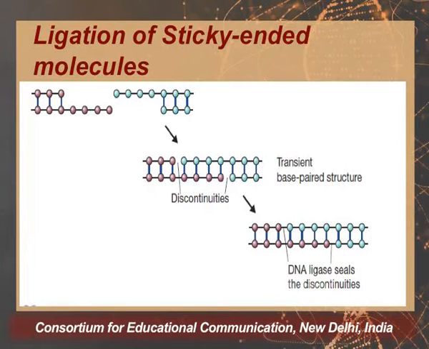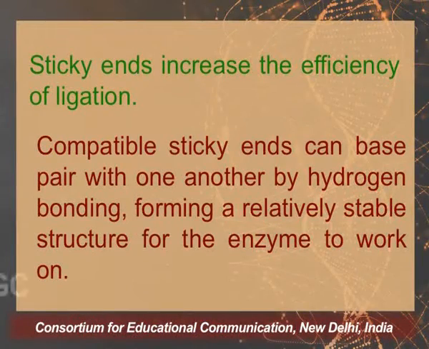So if the vector and the fragment of interest are digested in such a manner that they produce sticky end molecules, then the generation of recombinant molecule is more efficient than when there are no sticky end molecules. So sticky ends increase the efficiency of ligation. And why? Because the compatible sticky ends can base pair with one another by hydrogen bonding, forming a relatively stable structure for the enzyme to work on.